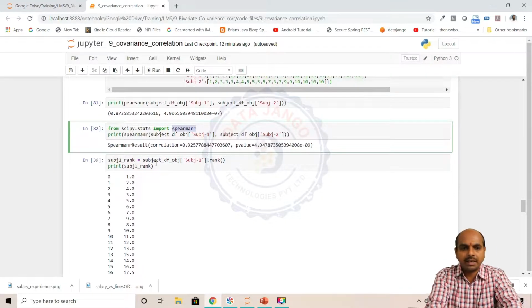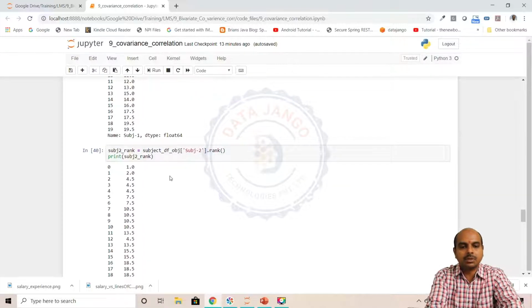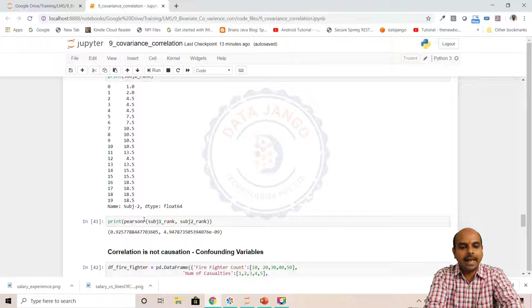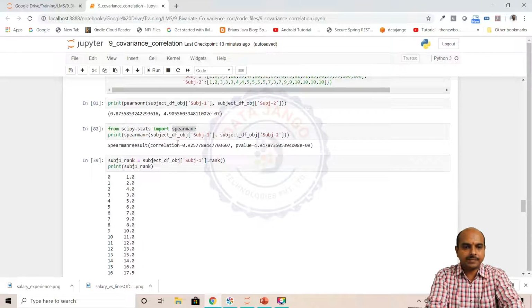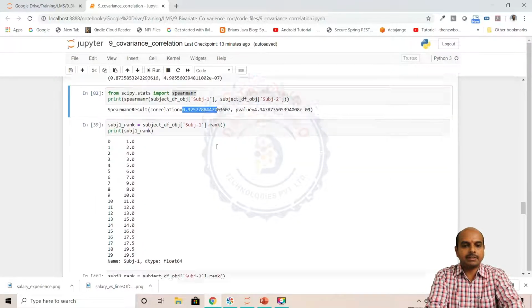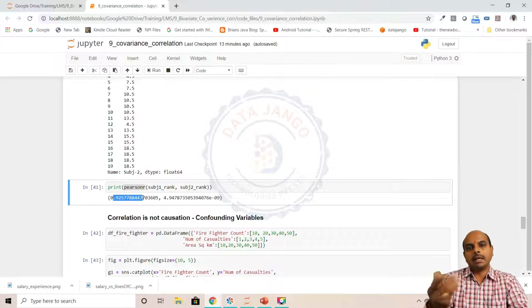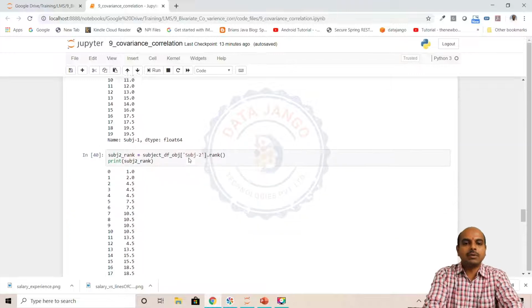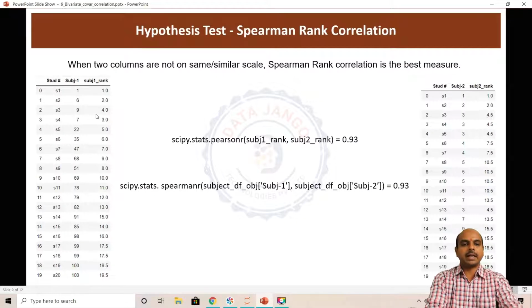How is it calculated? It actually calculates the rank. For subject 1 it calculated the rank, for subject 2 it calculated the rank. If you take the ranks and then do Pearson R, the Pearson correlation is also going to be the same, right? See this? This is 0.925677 and this is also the same value, right? Internally, Spearman R is calculating the ranks and then calculating Pearson R. If you look at the slide, you will understand it better.